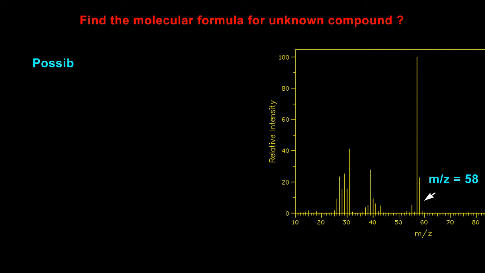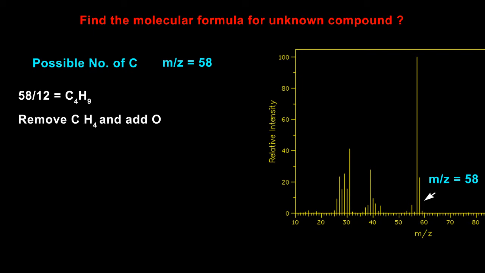To calculate the possible number of carbons from the molecular weight of 58: 58 divided by 12 gives 4 carbons and 9 hydrogens. Remove one oxygen, which is equal to 1 carbon with 4 hydrogens. The unknown compound has the possibility of C3H5O.